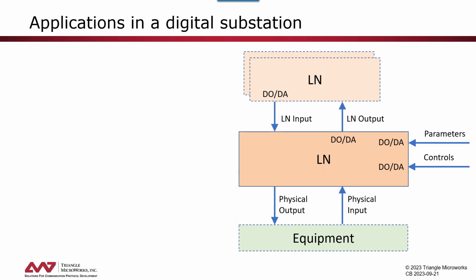When it now comes to our functional simulation, the application is now a digital substation. That's what we have seen earlier. Our application is decomposed into logical nodes, which are functional elements which exchange data, and they may have signal exchange to equipment. That's also how our functional simulation works.